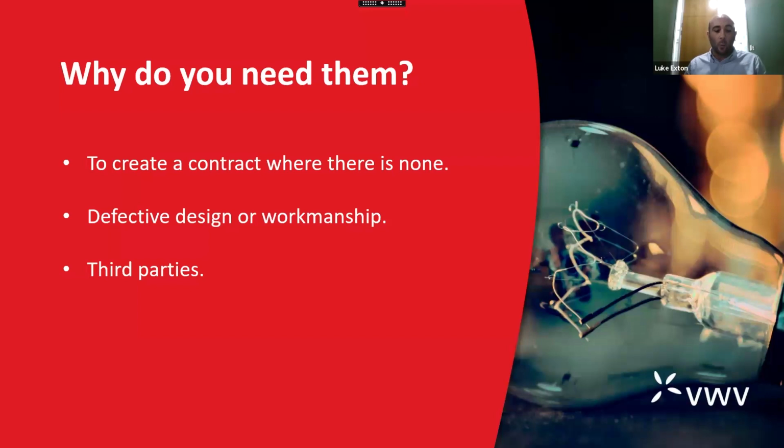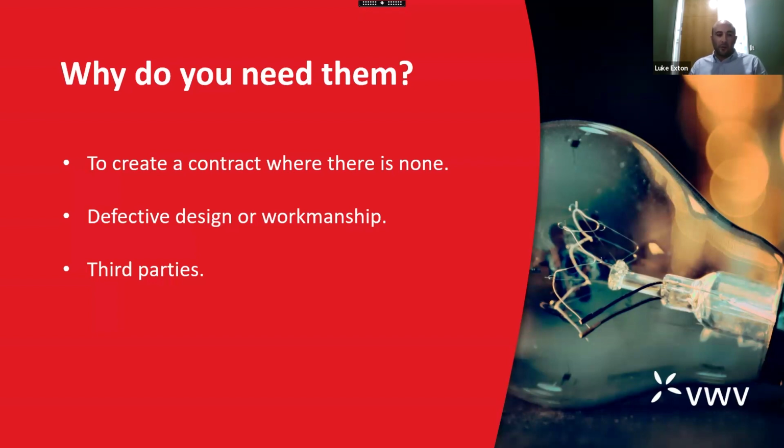Thank you. So why do you need them? Well, it's to create a contract where there is none. Defective design or workmanship by the construction parties carrying out the design or works may cause other parties with an interest in the project to suffer a loss, either during the construction phase or after the project is completed.